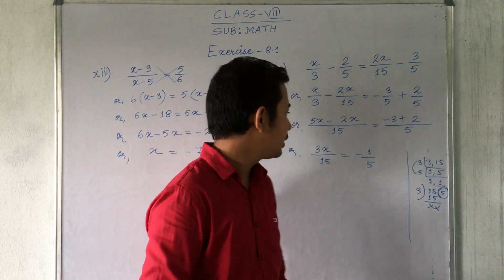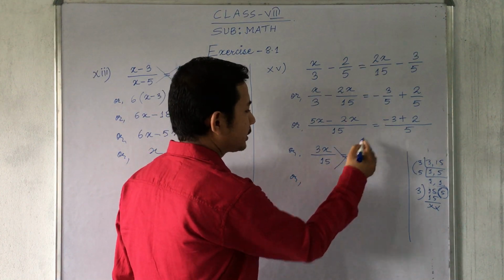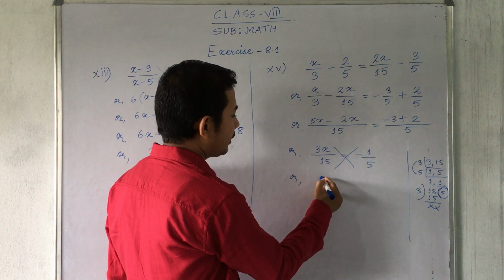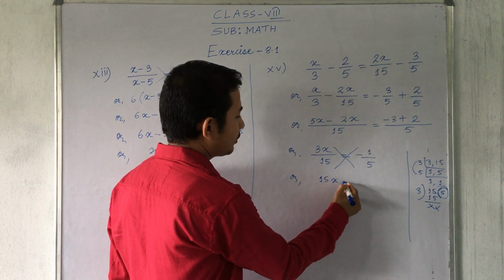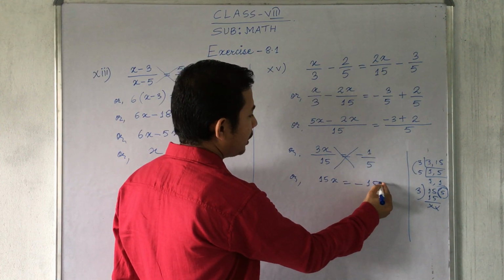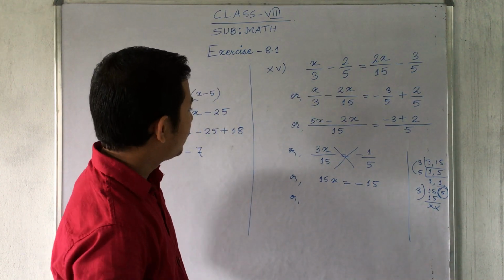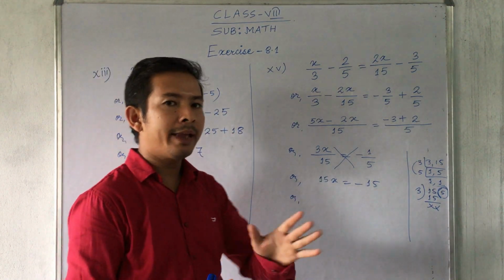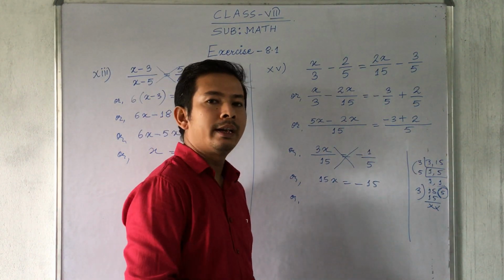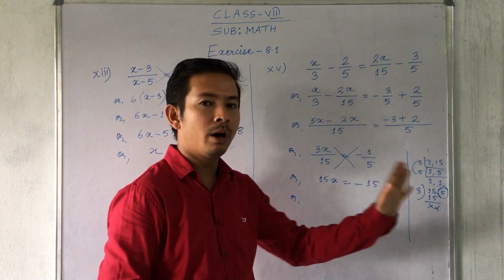After that, we need to do the cross multiplication. Understood? So 5 and 3, if you multiply, 3 times 5 is 15x, equal to minus 1 times 15, which is minus 15. Simple. Now this 15 is multiplying with x. If any number is multiplying and we move it to the right hand side, then we must divide the right hand side number by that number.